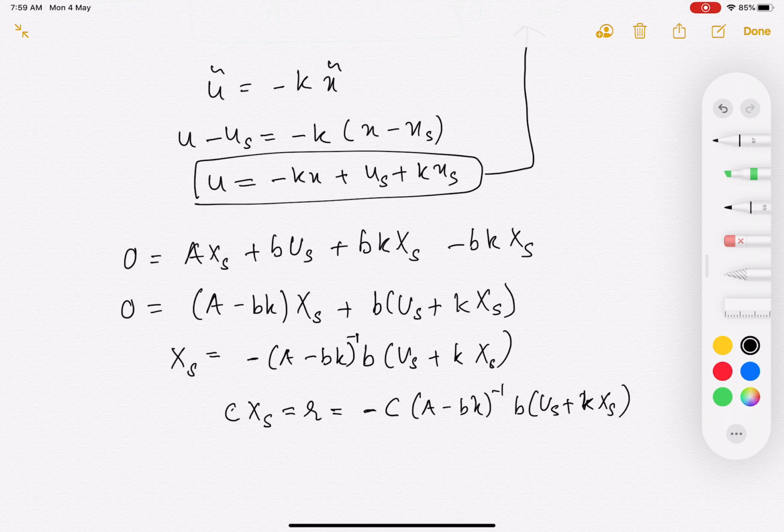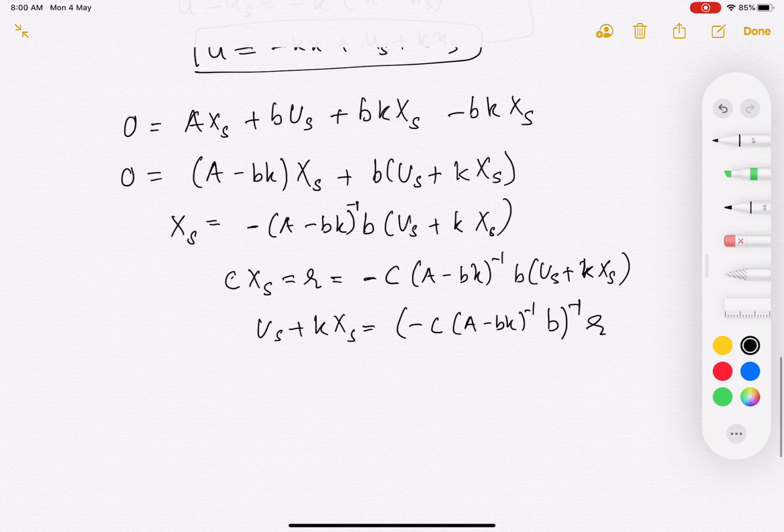So you can write your us plus kxs as minus [c (a minus bk) inverse b] inverse into r. So you can write us plus kxs is equal to nr, where your n inverse is equal to minus c (a minus bk) inverse b.